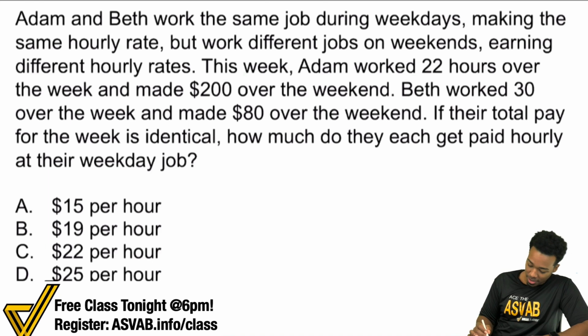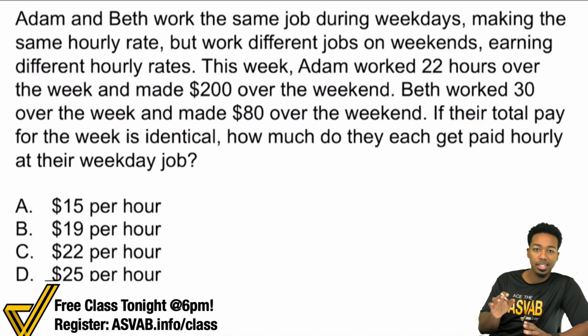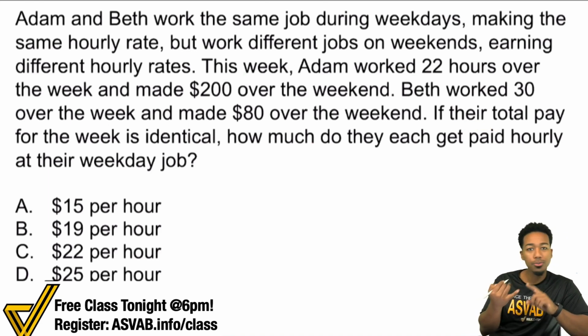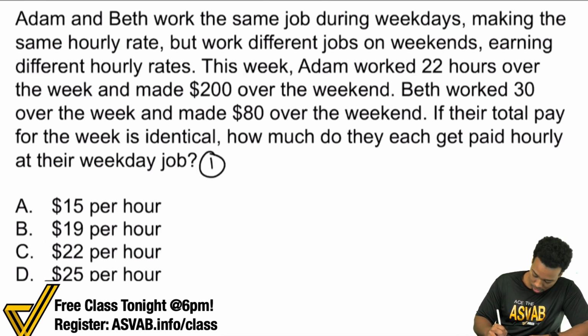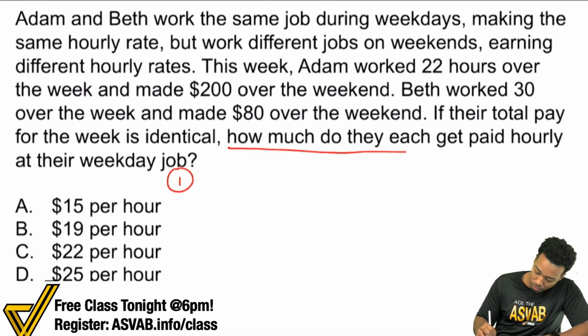So right here, it starts with "if their total pay," but you don't need to read that. Really what you need to read right here is this. How much, the who, what, when, where, why, how many, which of the following. The first thing you should always be going for is, what's the question? So right here: how much do they each get paid hourly at their weekday job?